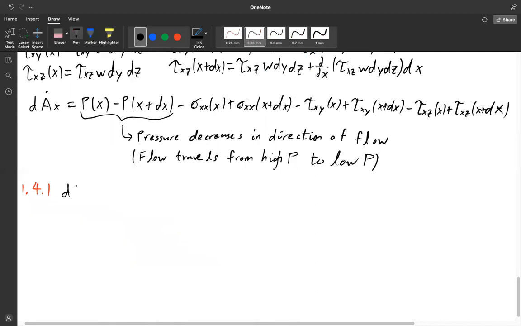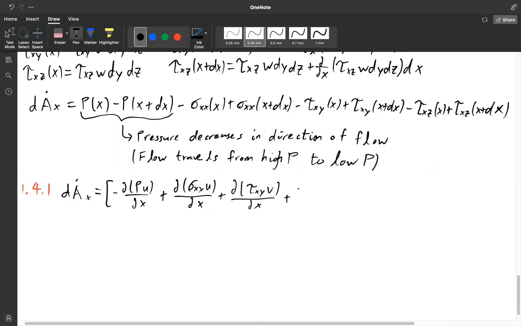This will be dA dot x equals negative partial pu partial x plus partial sigma xx u partial x plus partial tau xy v partial x plus partial tau xz w partial x, times dv.